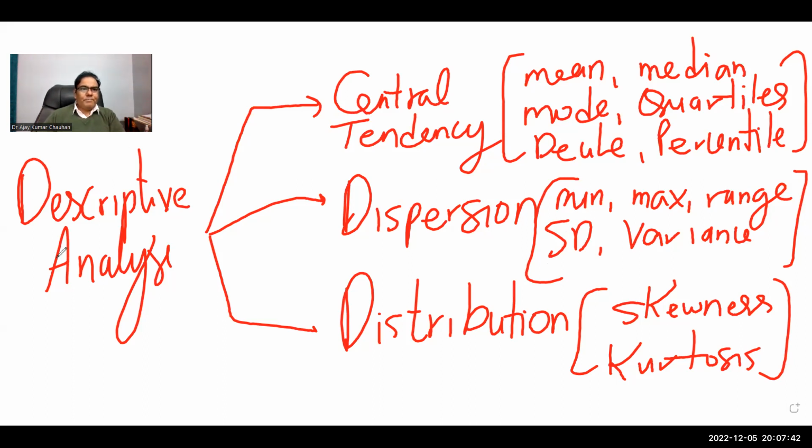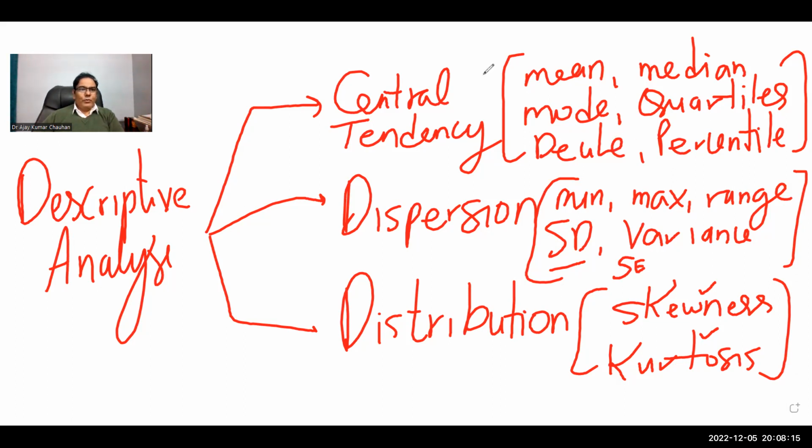And believe me, it is a very basic concept, but most of the researchers don't know the ideal value of skewness and kurtosis. There's a lot of confusion in this. And what is the meaning of standard deviation? And we also have standard error, important concept, variance. Then how to interpret this mean, mode, median. So we are going to discuss each and everything.